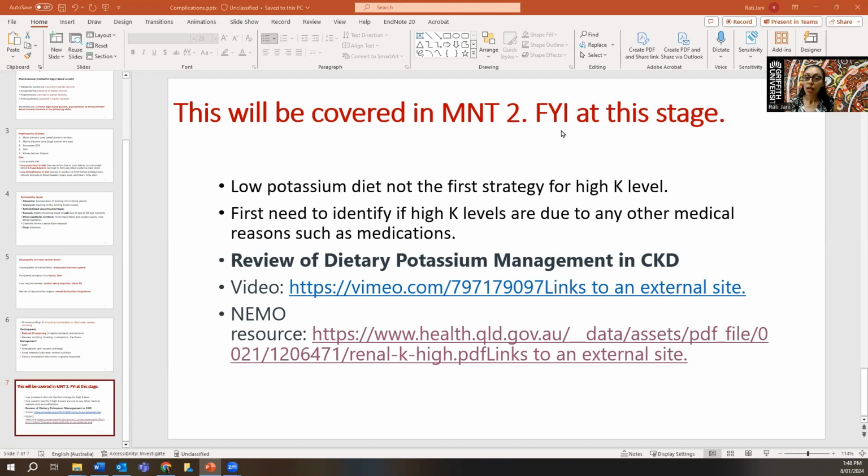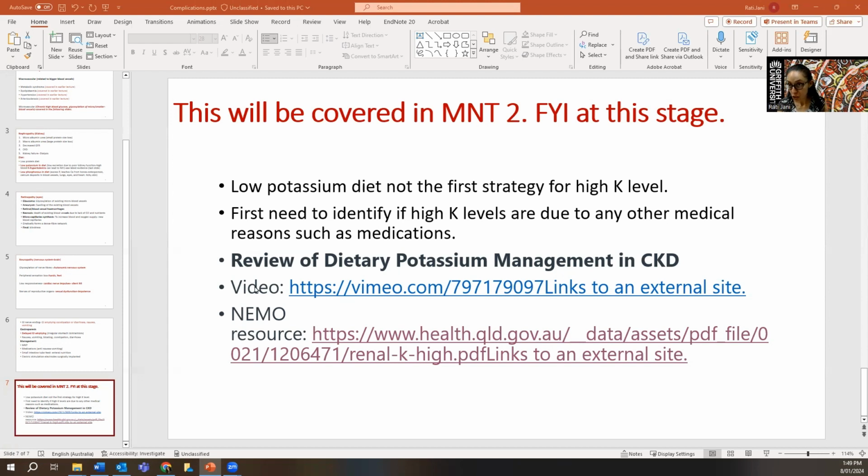Because the latest evidence suggests that you need to eliminate all other medical causes of high potassium blood levels before jumping to diet and reducing the potassium level in the food, or in the diet that the patient is having. So these are the links for the discussion around low potassium diet not being the first strategy.